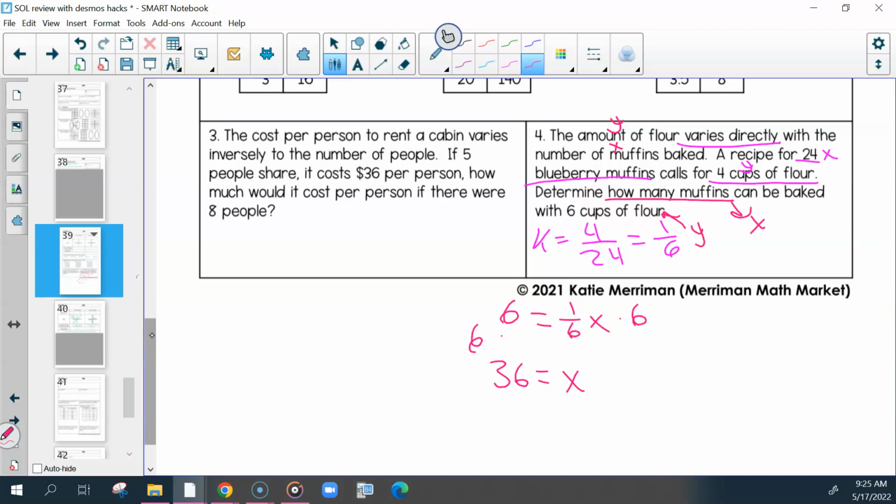We did Y over X. You always have to find your K value, and then put that into your direct variation equation. This is in the format Y equals KX, but we're solving for X.